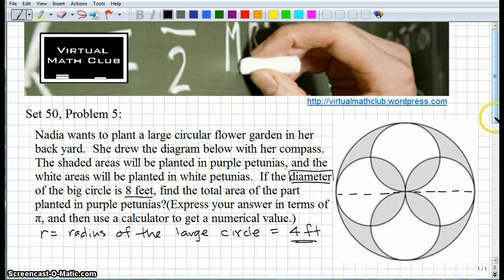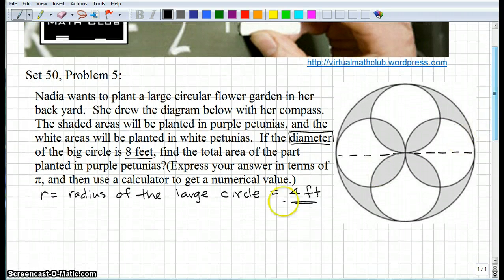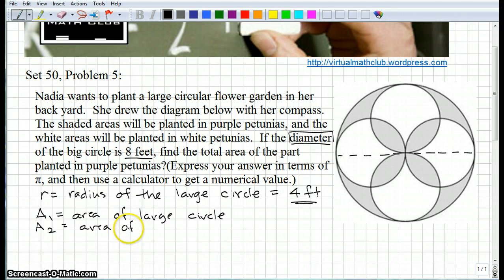So I'm going to define a few things here. I'm going to call A1 the area of the large circle, and I'm going to call A2 the area of the small circles.